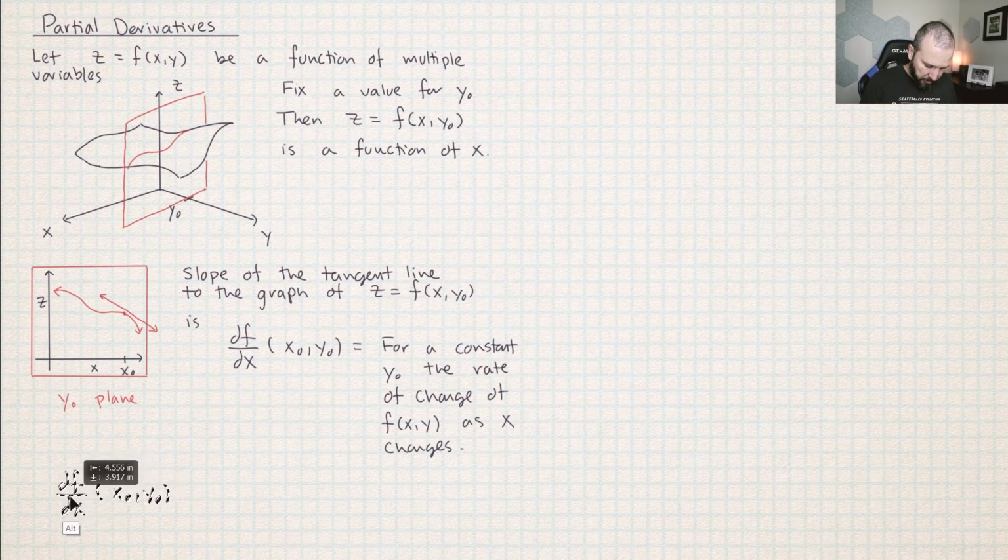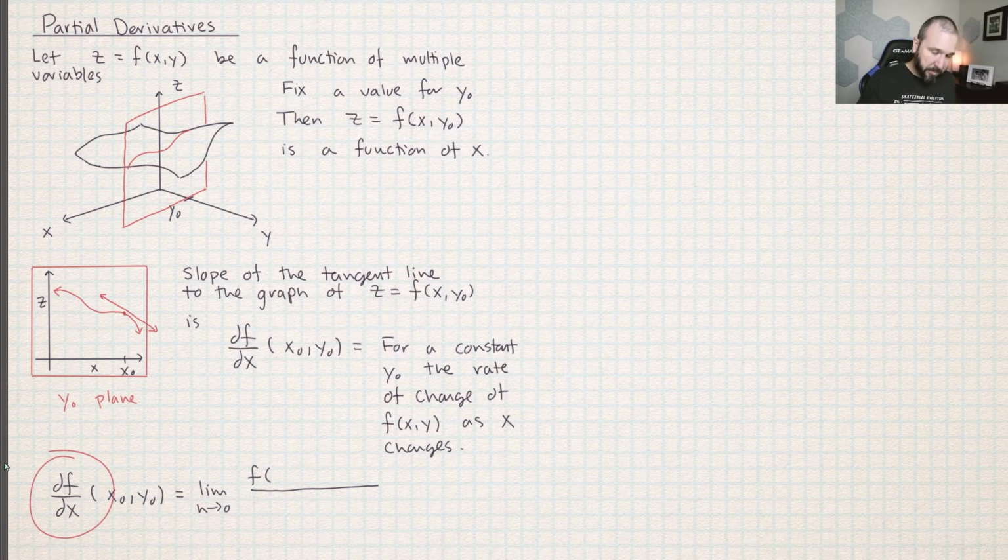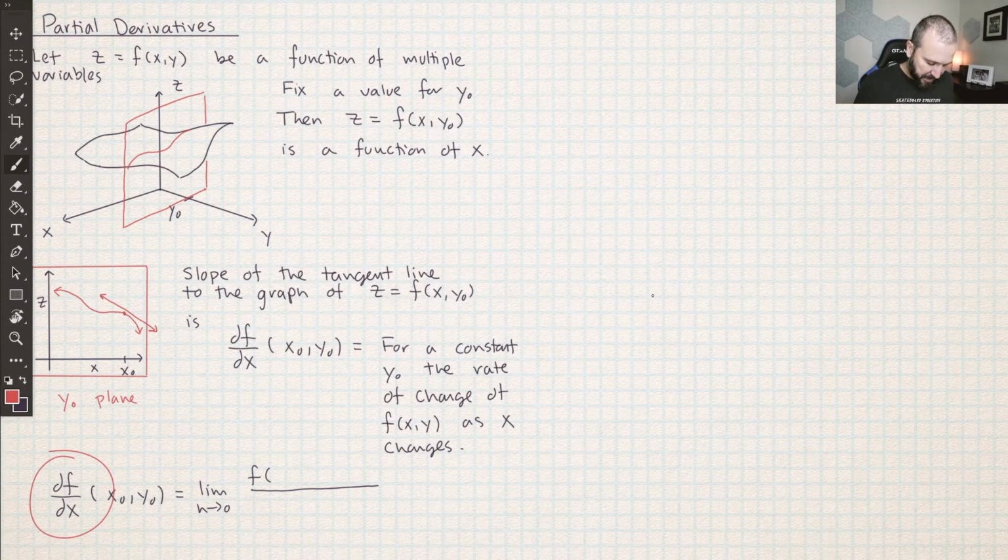The mathematical definition of the partial derivative is just borrowed from Calc 1. All I need to do is calculate the slope of the secant line and then take the limit as the size of the step goes to 0. So this is going to be the limit as h goes to 0 of f of, in this setup, I'm calculating del f del x.